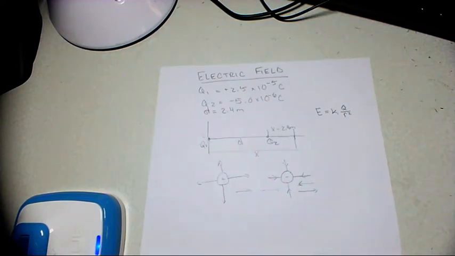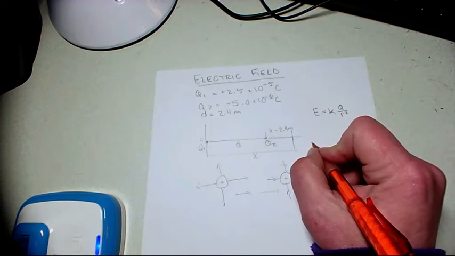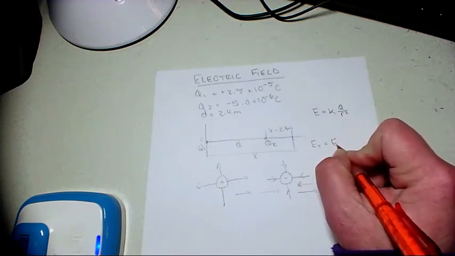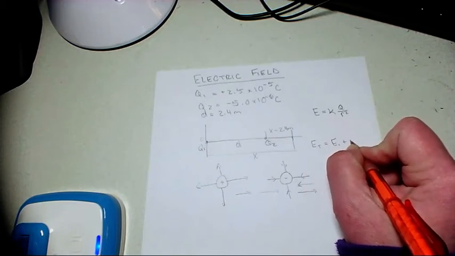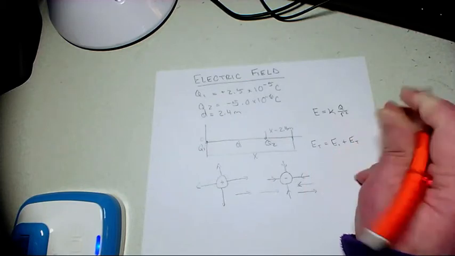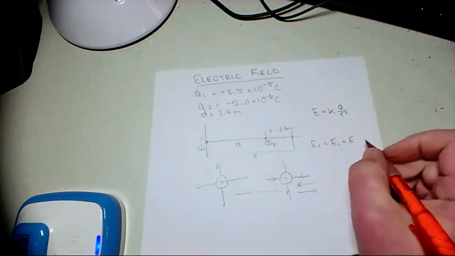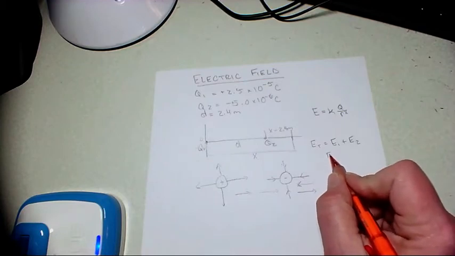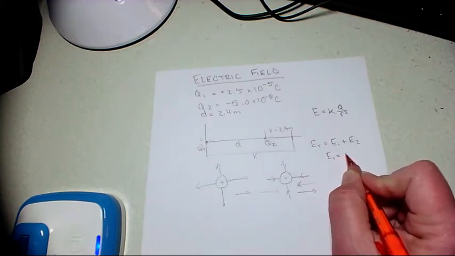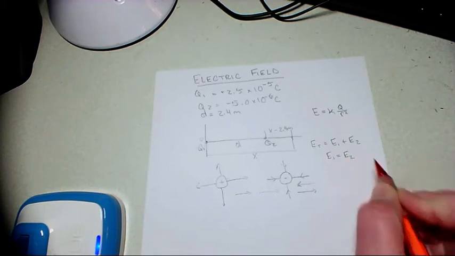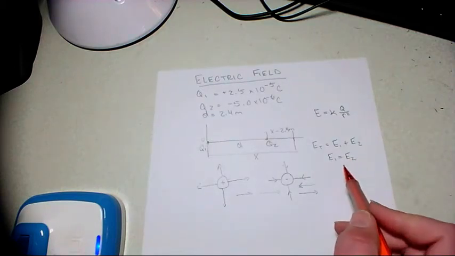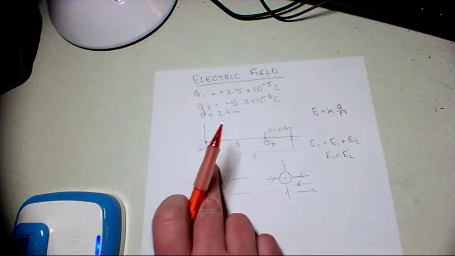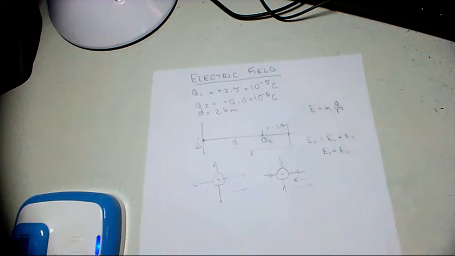Okay. So electric field, the total, is going to be the sum of my two fields. So E1 plus E2 equals E total. What we want for these things to be zero is for E1 to equal E2. So we know what our equations for Q are, and I've defined these distances, and I'm going to stick with them.